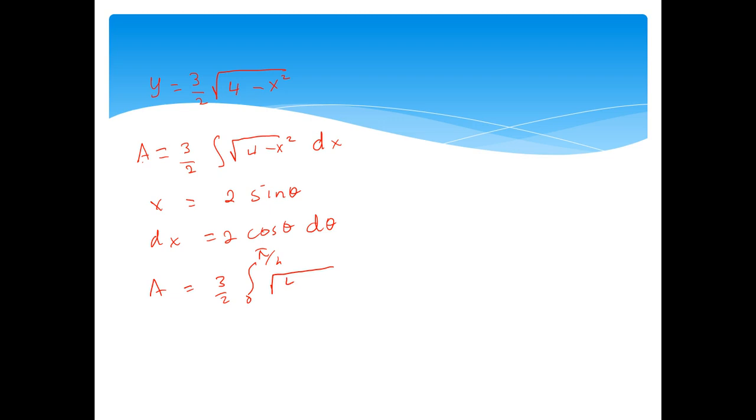Integral of square root of 4 minus 4 sine squared theta, times 2 cosine theta d theta.